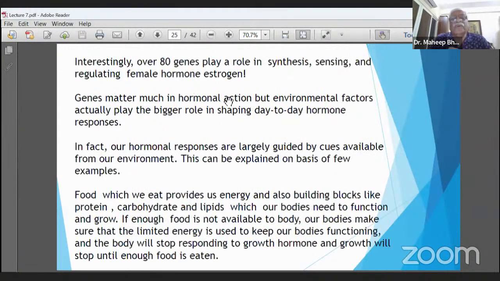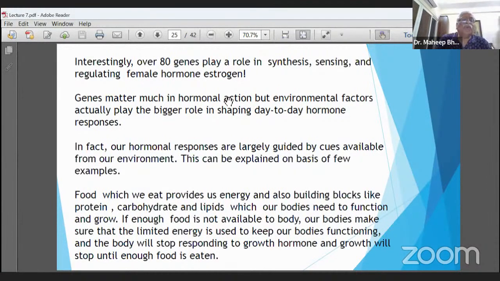There is another hormone which is very important in females, the estrogen hormone, and about 80 genes play a role in synthesis, sensing, and regulating estrogen. So the hormone is playing an important role.